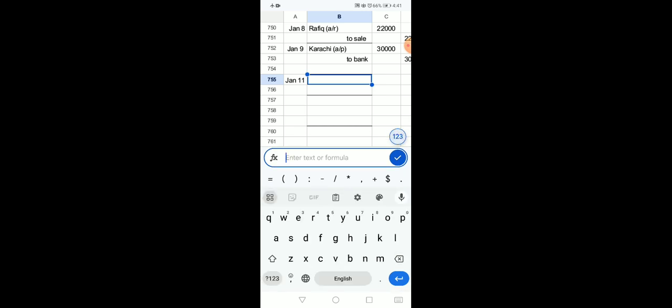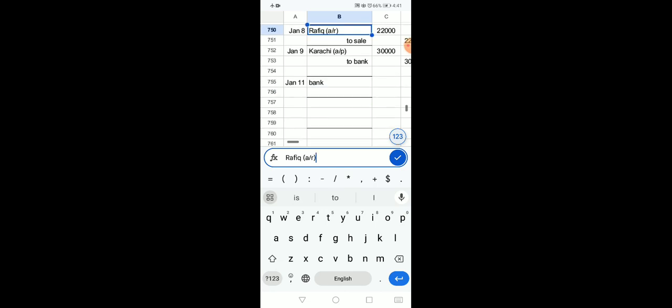So kindly understand, you are receiving check from Rafiq and that check is immediately deposited into the bank. Eventually amount present in your bank account would be increased, means your asset would be increased. Increase in asset should be mentioned on debit side. So you will mention name of bank on debit side because your asset is being increased. How has this asset been increased? This was Rafiq who was your account receivable. You have received check from Rafiq.